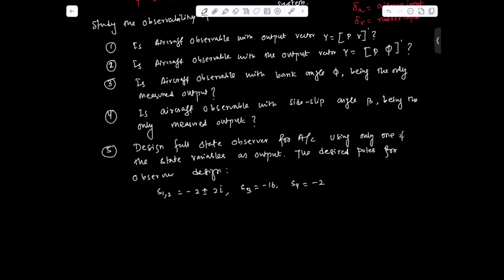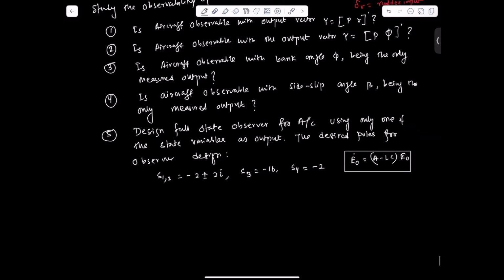These are the poles we'll be using for designing the observer, using the equation e naught dot equal to (A minus LC) e naught. You had this equation in a previous lecture, I think lecture number 14. Our main goal is to use these desired poles to find the observer gain L, and we'll try to simulate this equation.